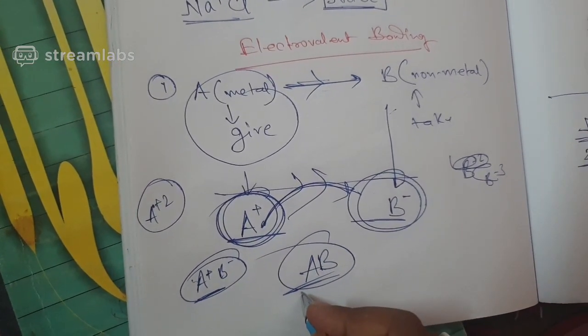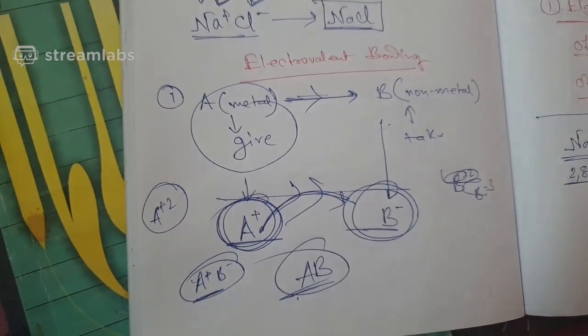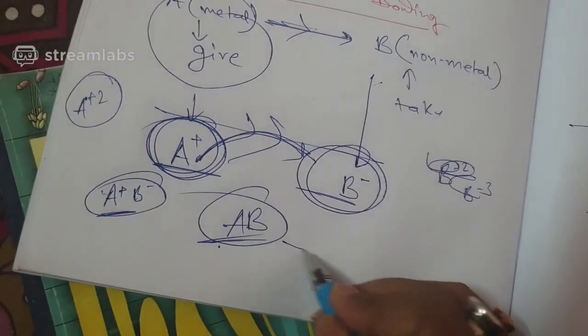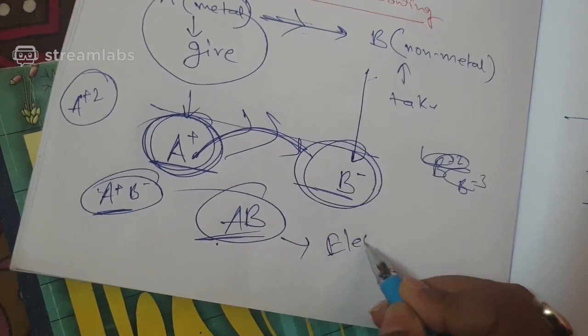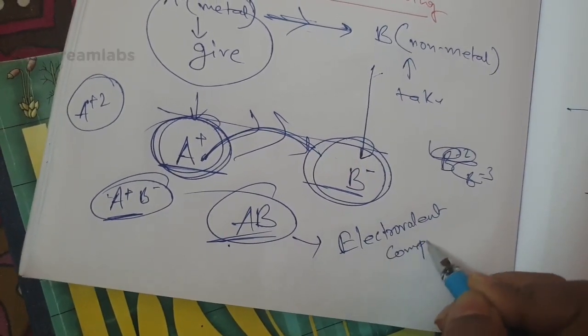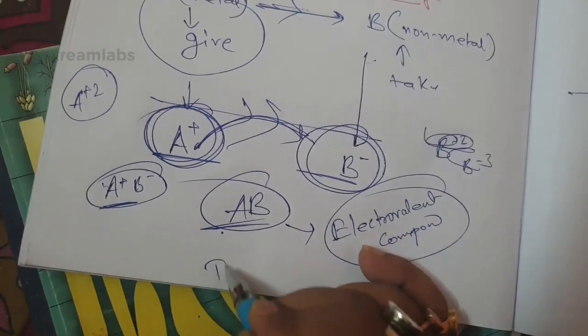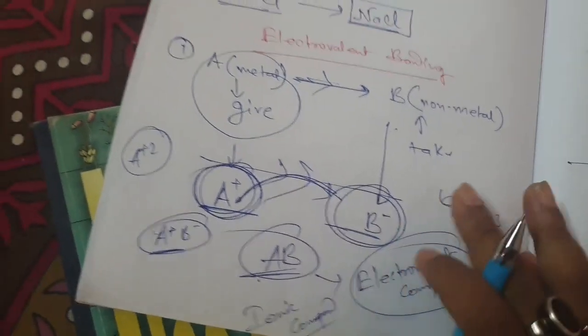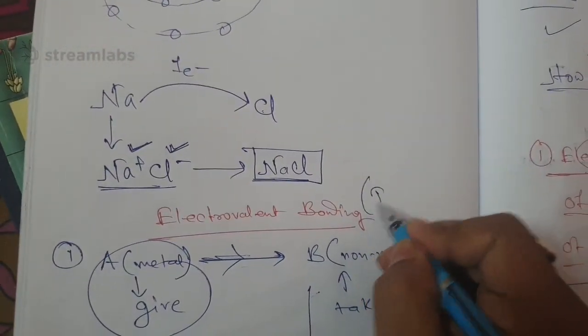Such type of compounds or bonding will have a metal and a non-metal. That is electrovalent bonding, and such compounds are known as electrovalent compounds. It is given another name also, ionic compound, and the bonding is also called ionic bonding.